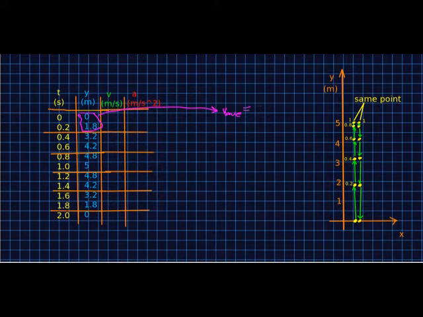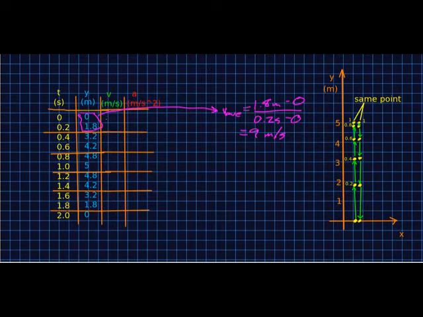So it's going to be delta y, 1.8 meters minus 0. The minus zeros here are sort of pointless, but whatever, over a delta t, 0.2 seconds minus 0, and so that gives us 9 meters per second.